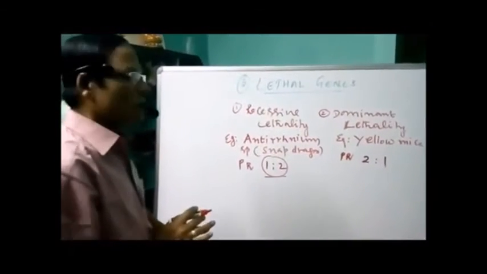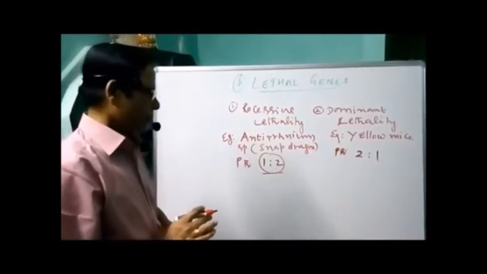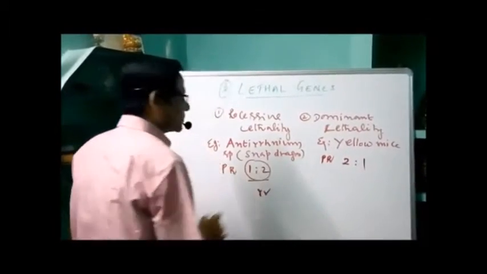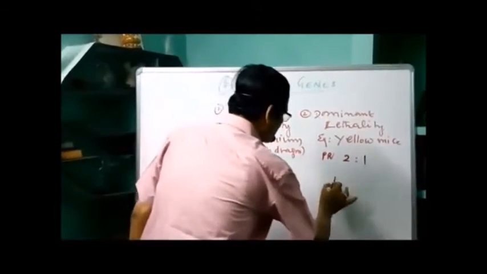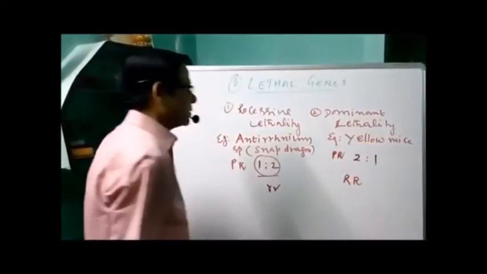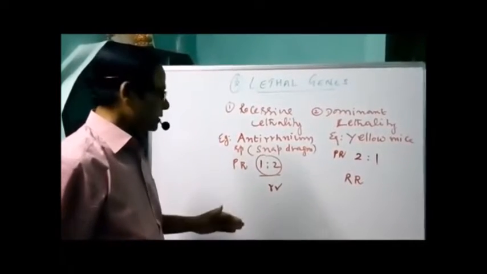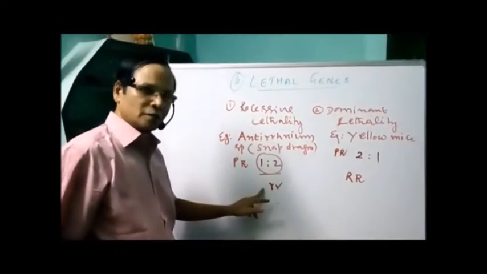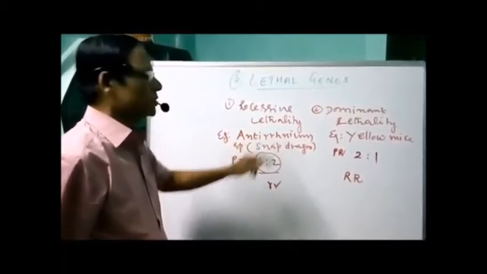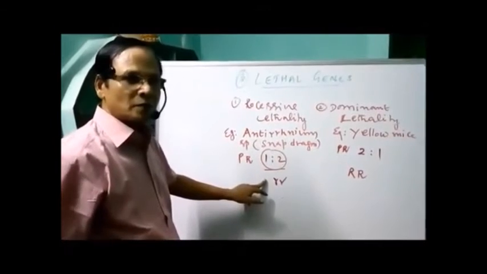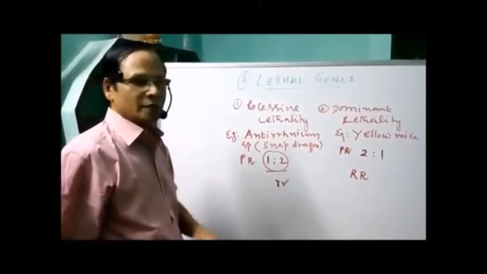I mentioned fully dominant and fully recessive. Here the genes are lethal when they are in homozygous recessive condition. That is called recessive lethality. In recessive lethality, it causes the death of the organism in homozygous recessive condition.